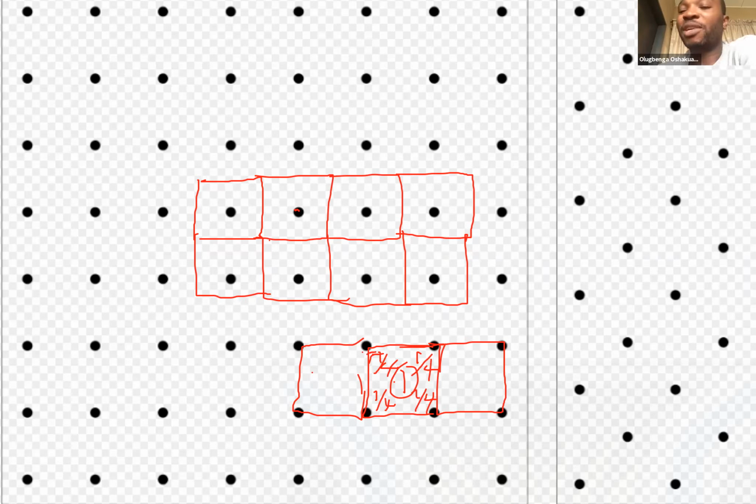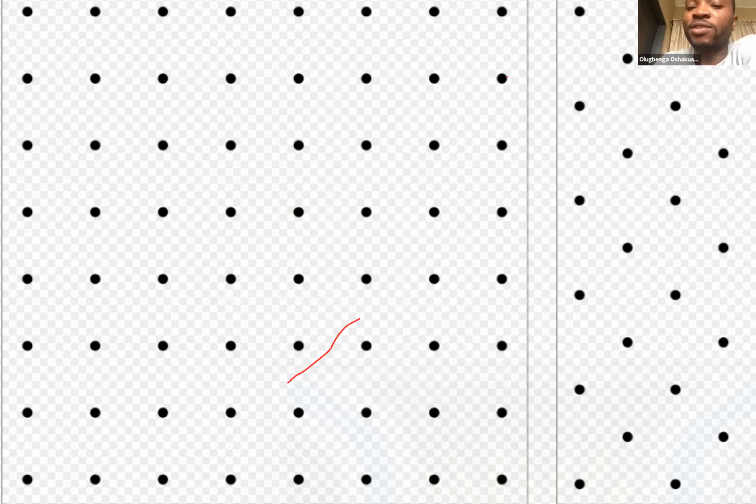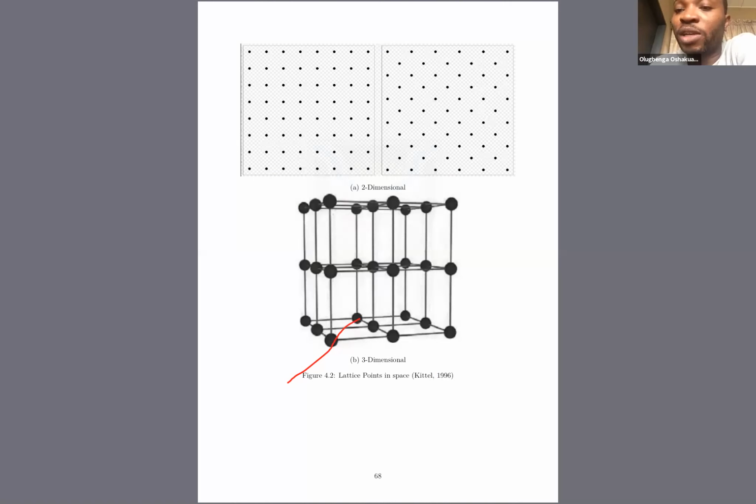The same thing applies when we are talking about a single line. Let me leave this place and consider a single line having points.